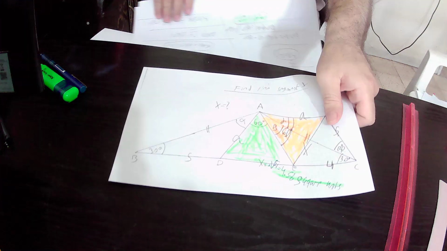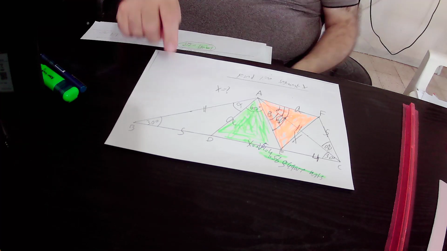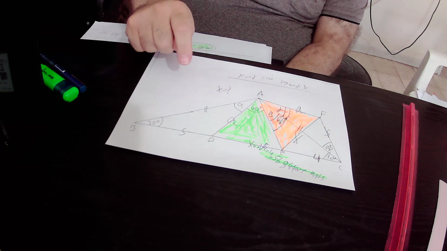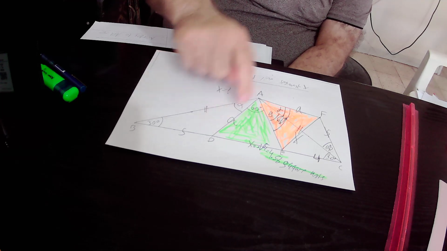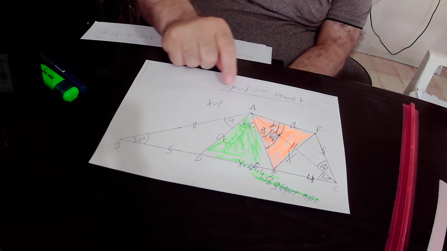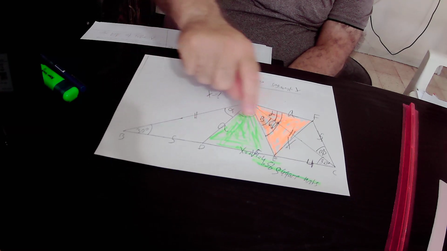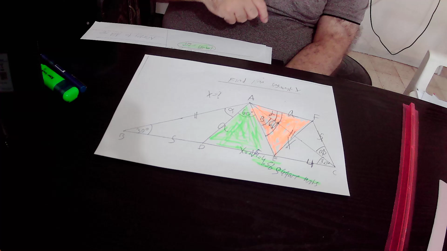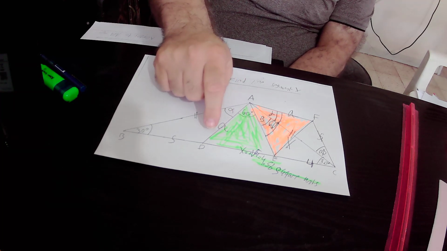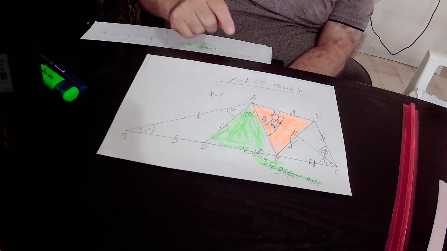So in the drawing we have triangle ABC, angle ABC equals 30 degrees, angle ACB also equals 30 degrees, angle DAE equals 60 degrees. Line segment BD equals 5 units. Line segment EC equals 4 units. And our mission is to find the length of line segment DE that is equal to X.